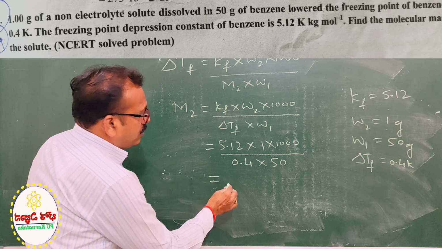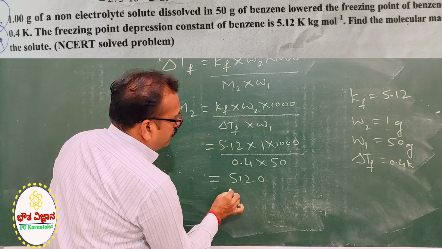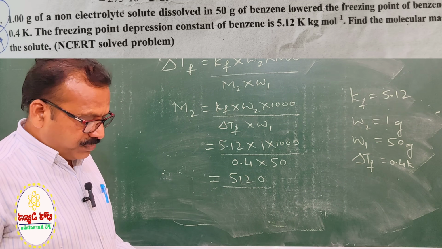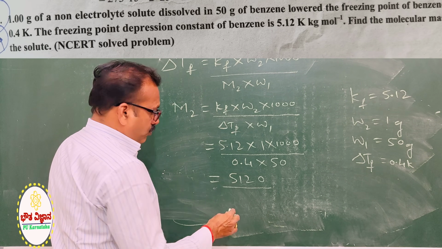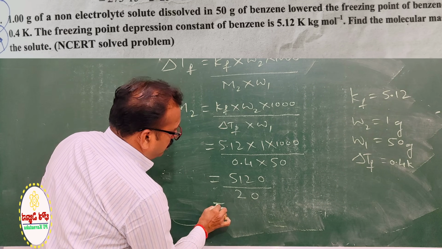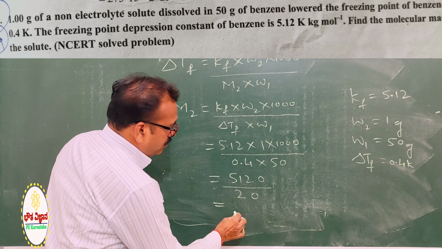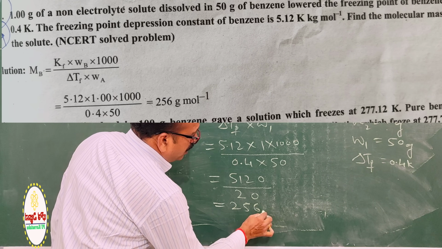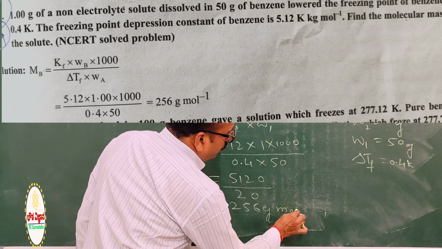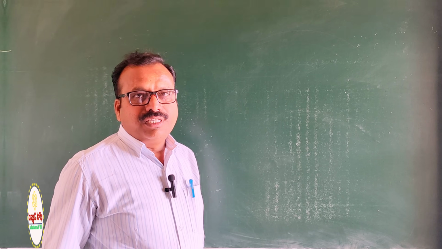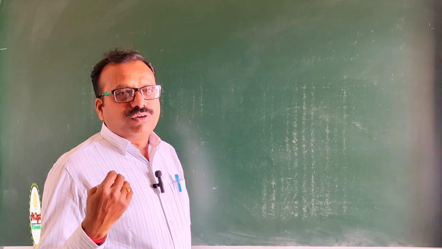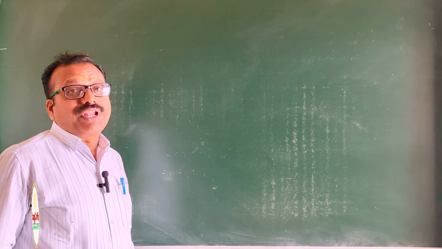So you are going to get 5120 divided by 0.4 into 50, that is 20. So after simplification you are going to get 256 gram per mole. Next, in these colligative properties they are going to ask one problem on mole fraction.